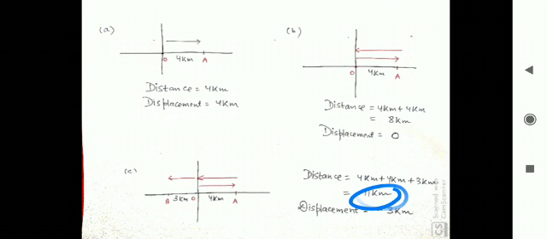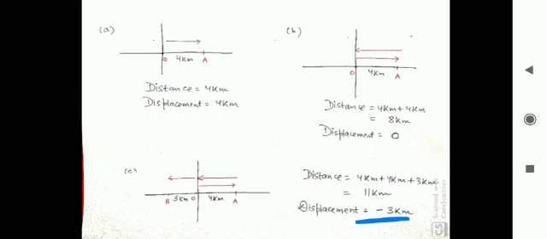Now come to the calculation for displacement. See, when it started from O to A and returned again to O, in that case the displacement is 0. Means from O to A and A to O it is 0. Now it is going to the point B. So there is only one displacement here, that is from O to B. So the starting point is O and the ending point is B here, because the journey is completed at point B. So the displacement from O to B is minus 3 km.